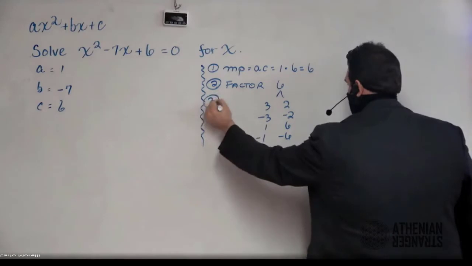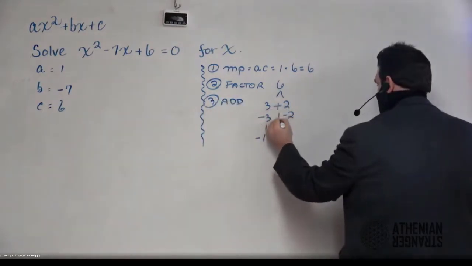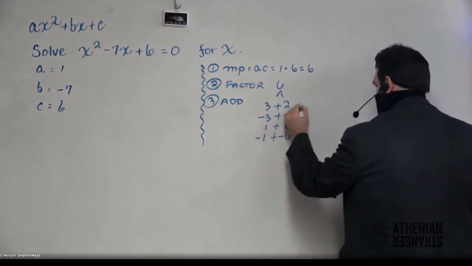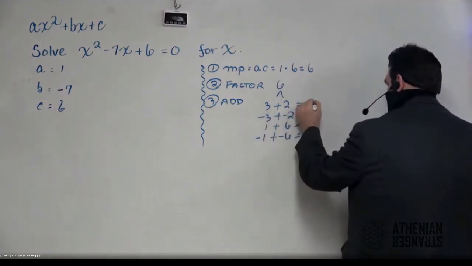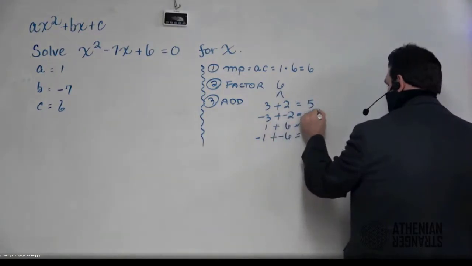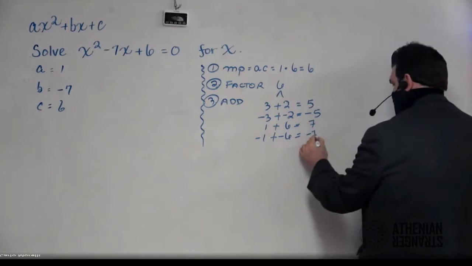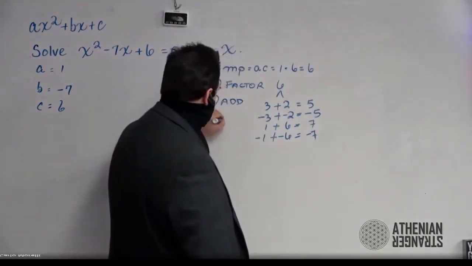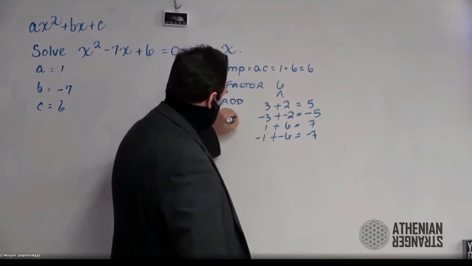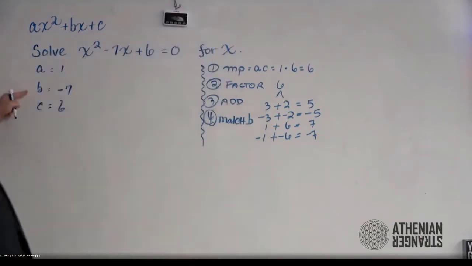Step 3 of factoring is to add each factor row. So I'll add all these now. 3 plus 2 is 5, negative 5, 7, negative 7. Step 4 is to match with b. b is negative 7.